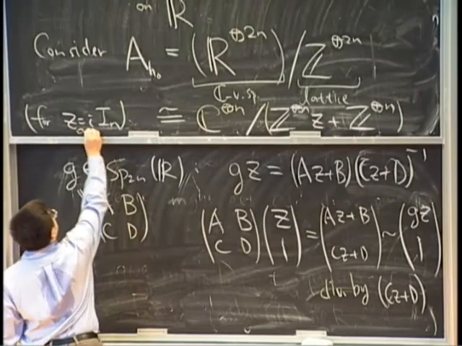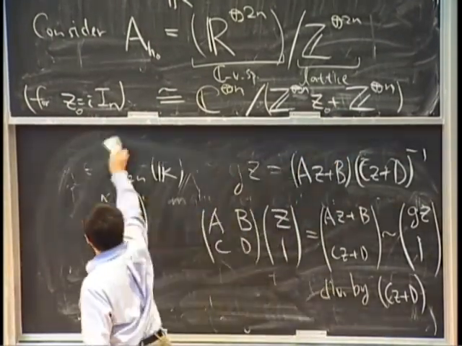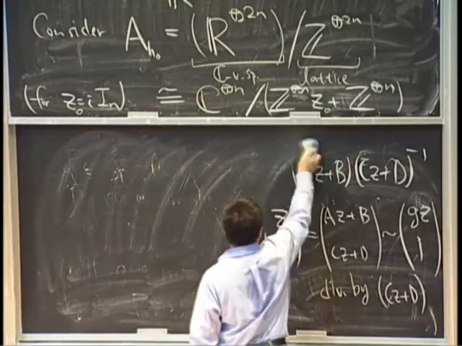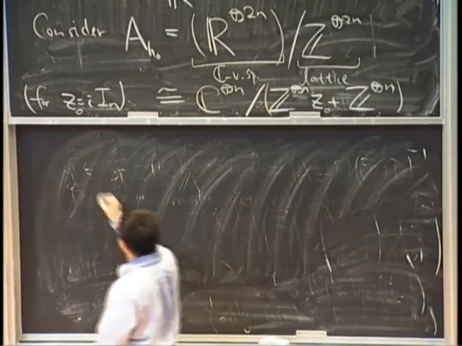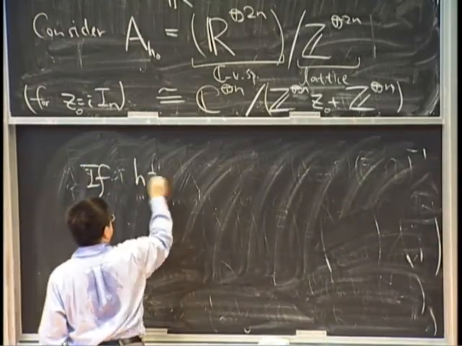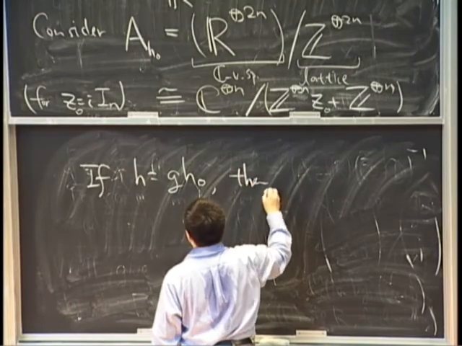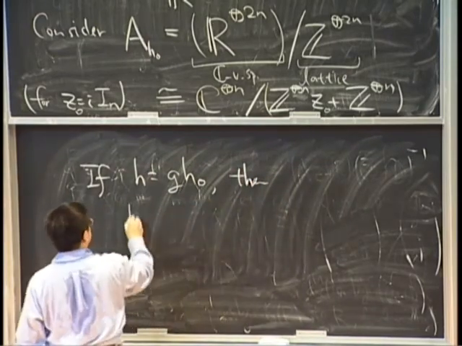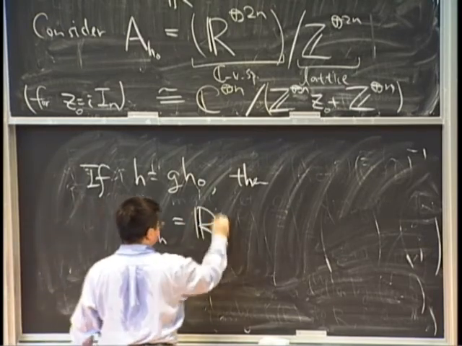So let me put z naught here. Then this A, which is also the same as this one.